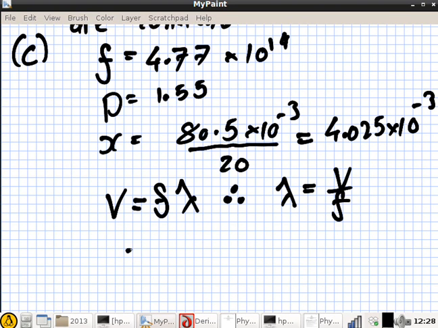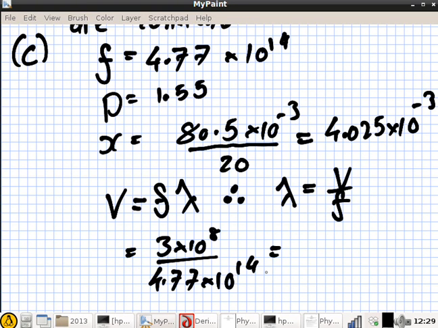We do, because what does it say in the question? It's light. So we do know it. So it's 3 times 10 to the 8 over 4.77 times 10 to the 14. So the first question is lambda. Well, no, actually, interesting. You would think that they would ask you for the lambda first, so you could do the question, but they don't. We need to get the lambda first.